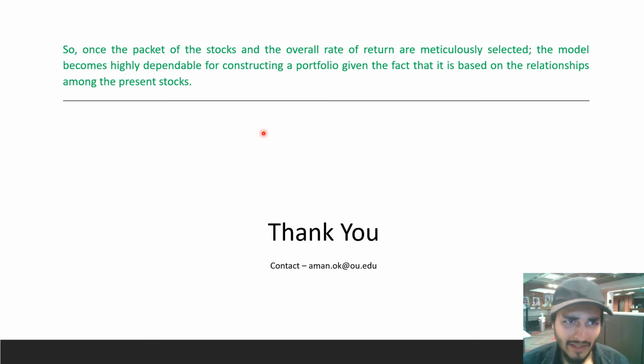And so once the packet of the stocks and the overall rate of return are meticulously selected, the model becomes highly dependable for constructing a portfolio, given the fact that it is based on the relationship among the present stocks.